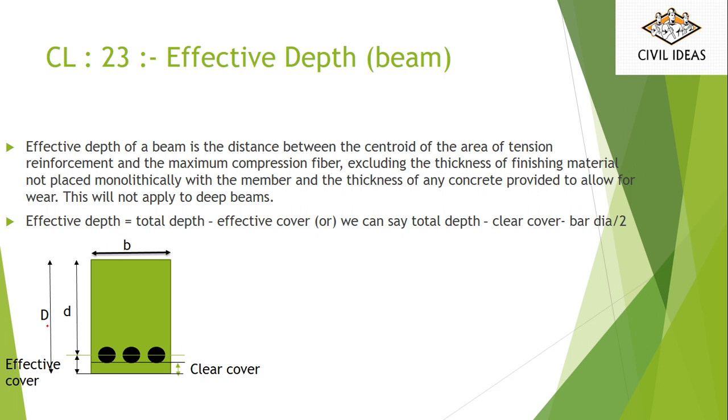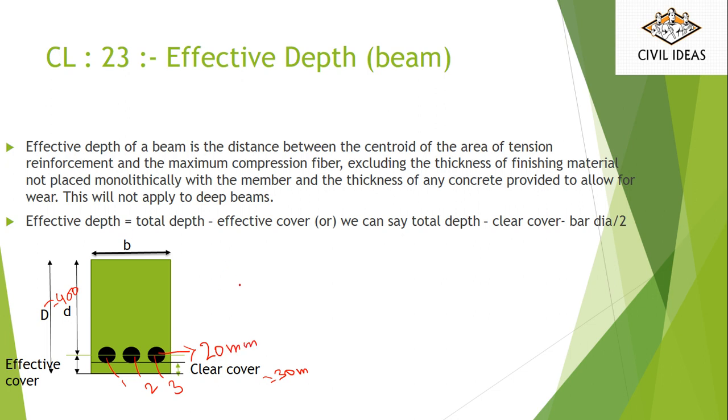See, here the D is the total depth minus the effective cover, or we can say the total depth minus clear cover minus dia by 2. Let us take an example. Let D be equal to 400 mm and the clear cover equal to 30 mm. Now, there are three bars, as you can see, 1, 2 and 3. Let us take the bar diameter as 20 mm.